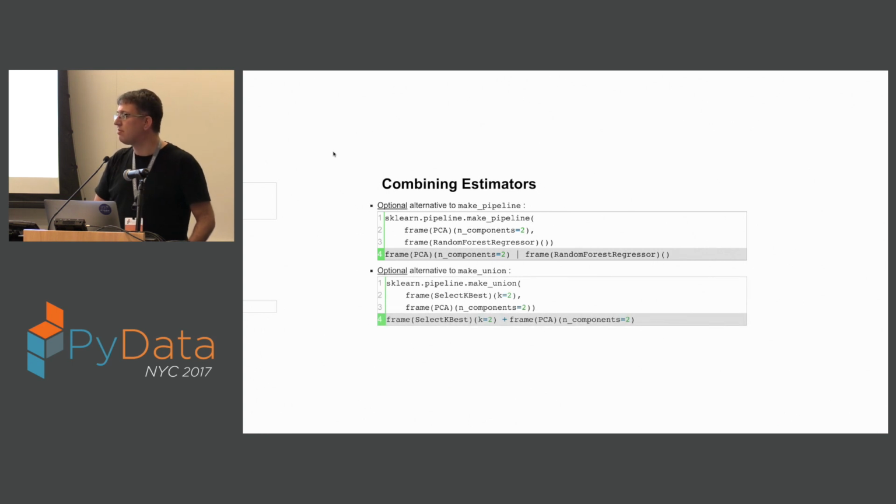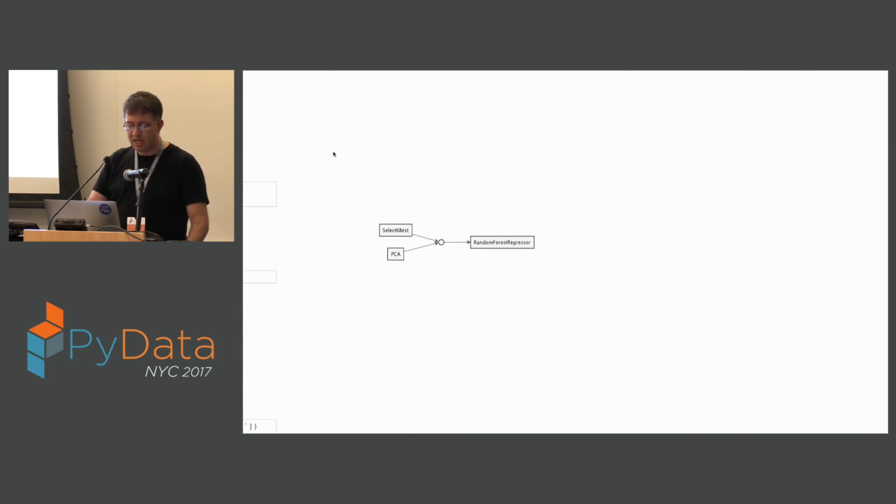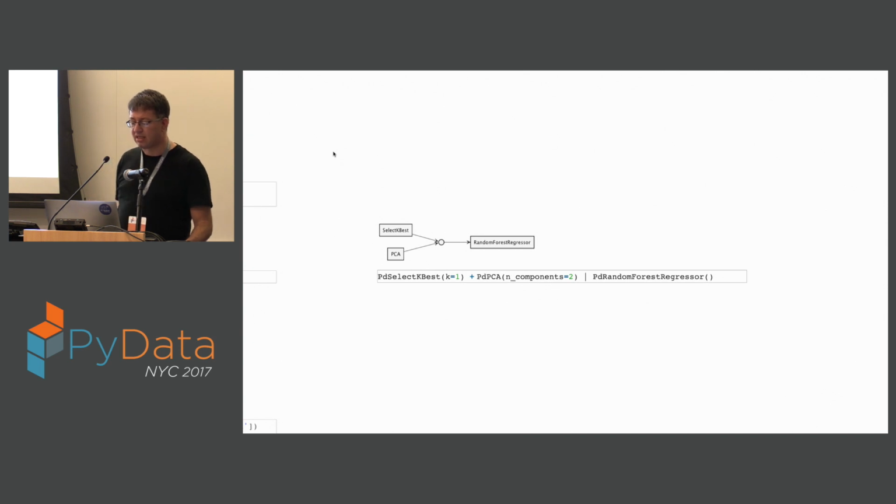And similarly, instead of calling make union, we can optionally use the plus sign. So combining these things, if we look at the previous example that we've seen of taking a feature union of select k best and PCA and feeding it into a random forest regressor, now we can just write it very succinctly like this. It's the addition of the first two features piped into the last estimator.